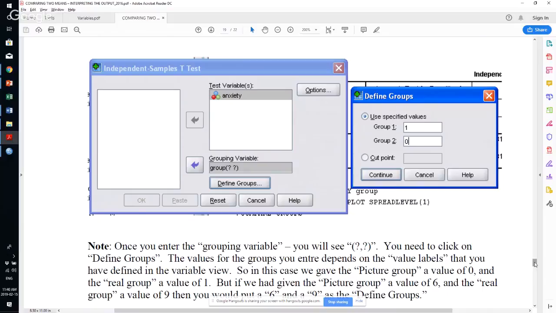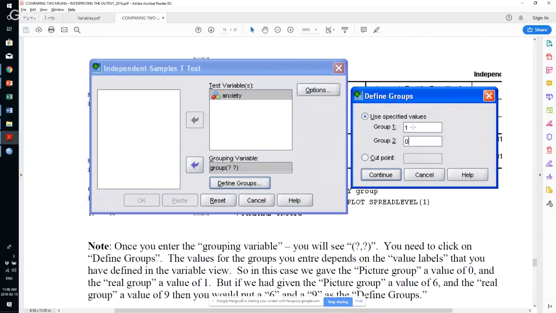You then have to define your groups, though. Notice the group has a question mark, so I have to define it. Group 1 is 1, and group 2 is 0. Please note that these are just labels that I have told SPSS.